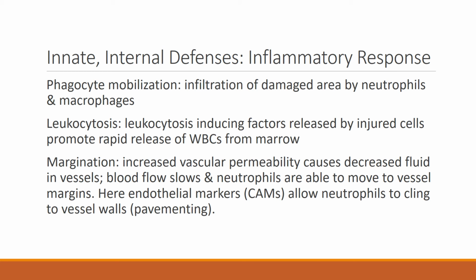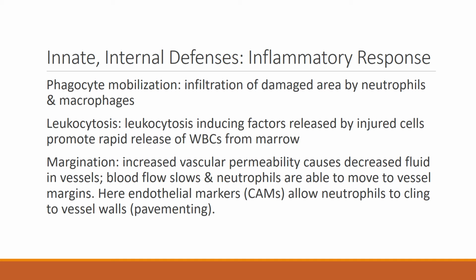So the mechanisms by which these cells work during an inflammatory response to induce all those different changes include phagocyte mobilization, and this is where those phagocytes are able to move into those damaged areas by different neutrophils and macrophages. And again, neutrophils are going to be the body's primary defense against bacterial pathogens, okay?